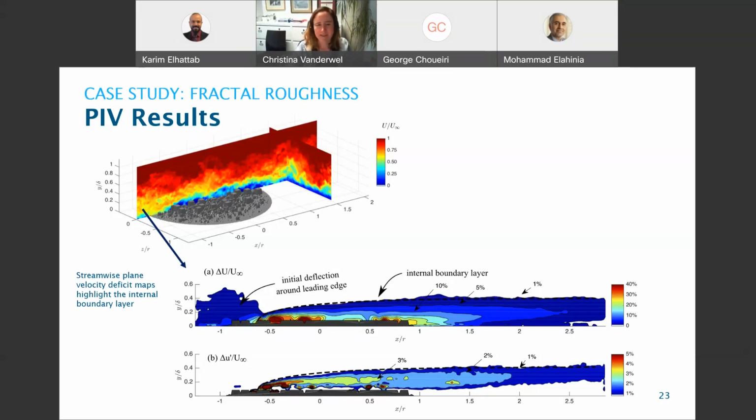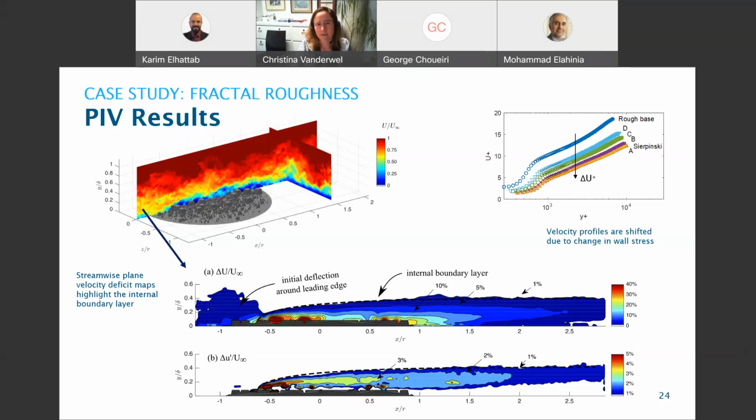And so I said that you should be able to predict the coefficients of the log law based on just the surface properties. And so here is the log law that we measure over the 5 cities. The blue is the baseline here, and then here are 5 cities: D, C, B, Sierpinski, A, and the shift in the log law is in the same order as the drag that we measured.